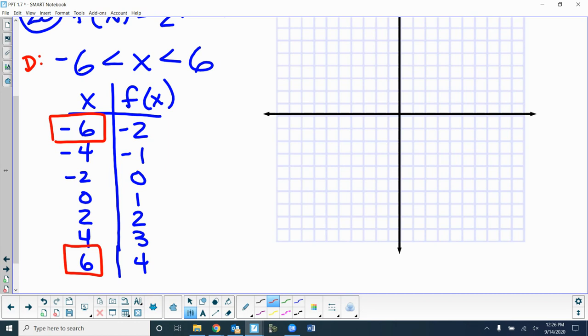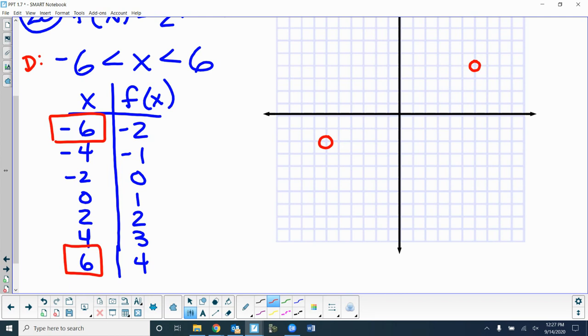Does that make sense? Okay, so details we're starting to have to look at a little bit. That's an important detail, right? So you got to pay attention to the details. So at -6, that's a circle. At 6, that's a circle. Those are both circles, not dots. Okay? And then the rest are dots.